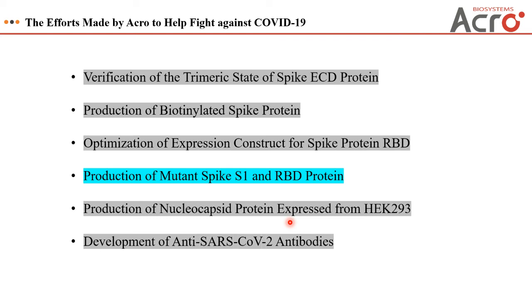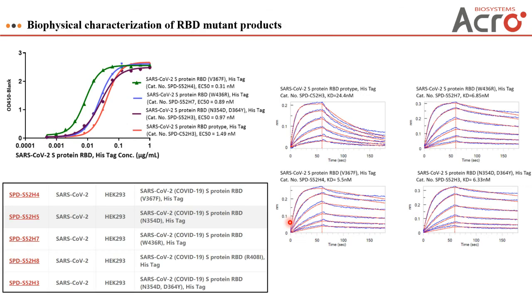ELISA and SPR results have shown that RBD mutants displayed in this table can bind ACE2 with 2 to 6-fold higher affinity compared with wild-type RBD. These mutant RBDs can be used to test the neutralizing ability of anti-SARS-CoV-2 antibodies to exclude the possibility that the mutation in RBD makes the protein unrecognizable for the antibody.